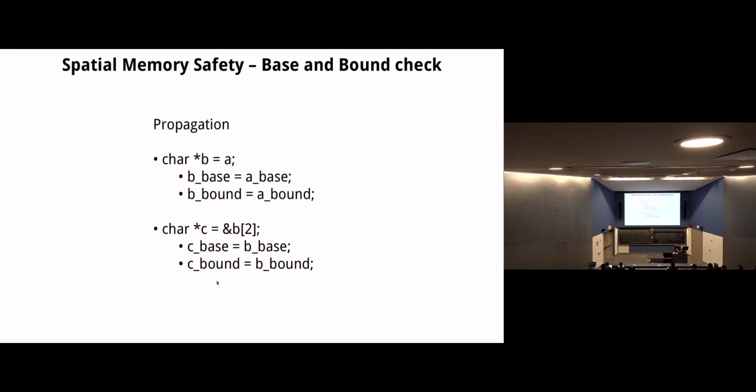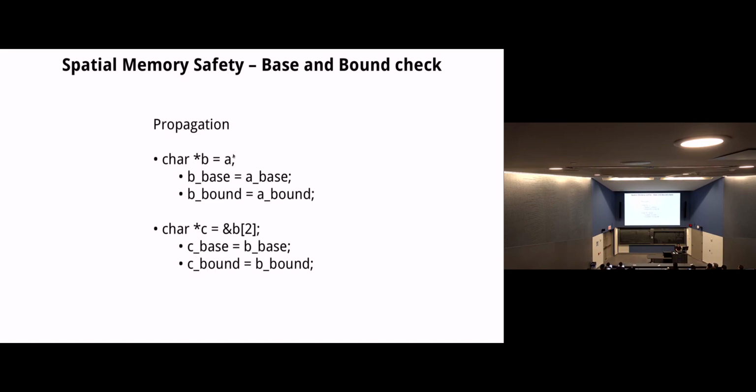For example, when we define another pointer B and assign A to B, B must have the same base and bound as A. If a pointer inside B points to somewhere inside B, and it is assigned to another pointer C, in this case we also need to set the C base to B base and A base, and the C bound to B bound and A bound.